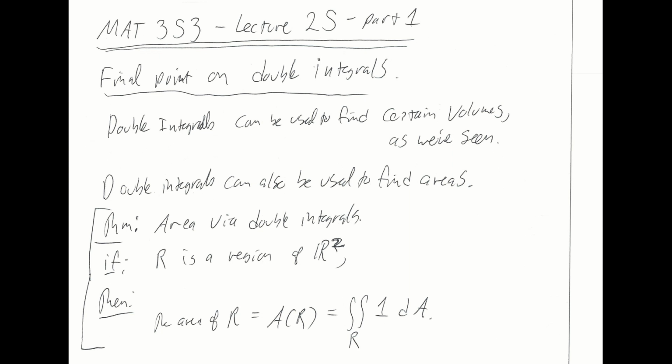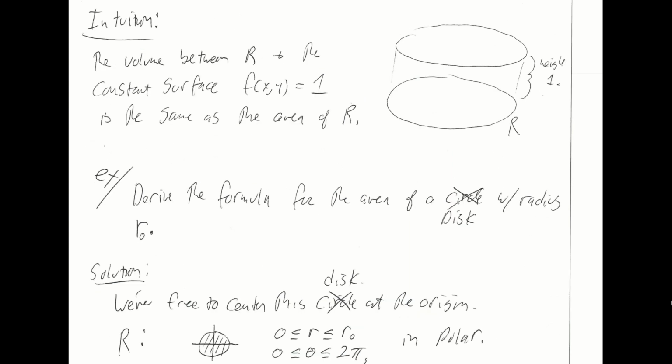If you think of 1 as z equal to 1, this is just a horizontal plane at height 1 above the xy plane. So that is your integrand, and the region that you take this double integral over is the region that you're interested in the area of.